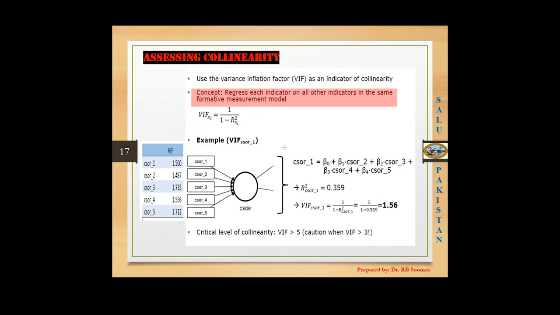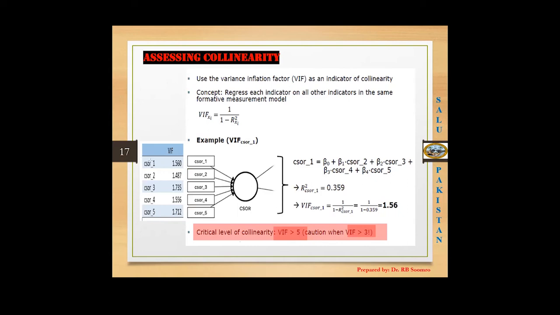Now, how to regress? These are our 5 items, our indicators, and all have been regressed with CSR1. This is the value of R squared, and when we convert it, it becomes 1.56. This 1.56 is quite low. If it is less than 3, then you can be sure that there is no issue of multicollinearity or collinearity in your data.